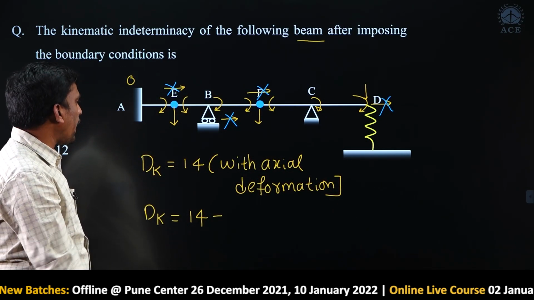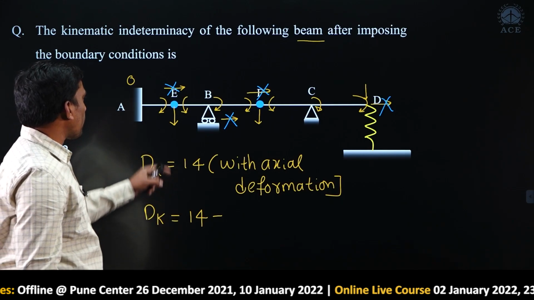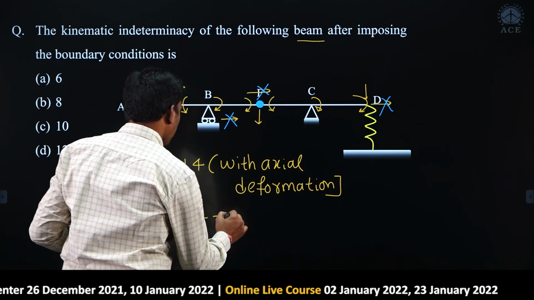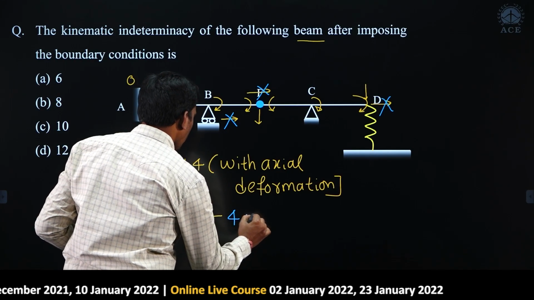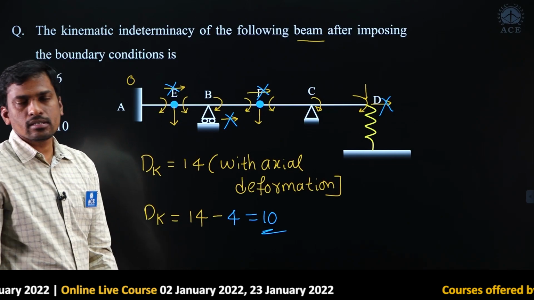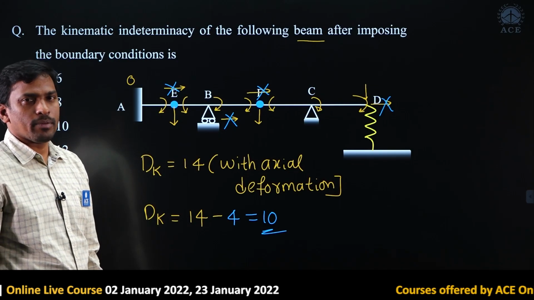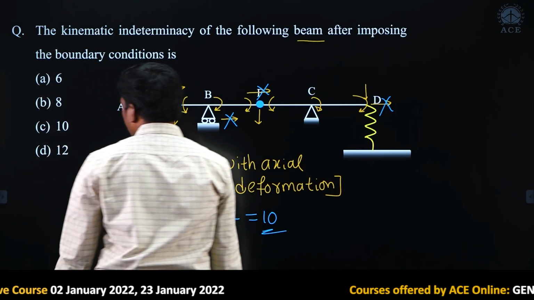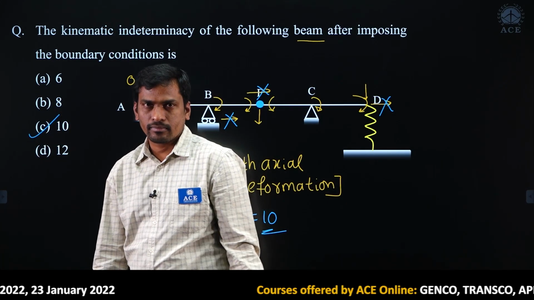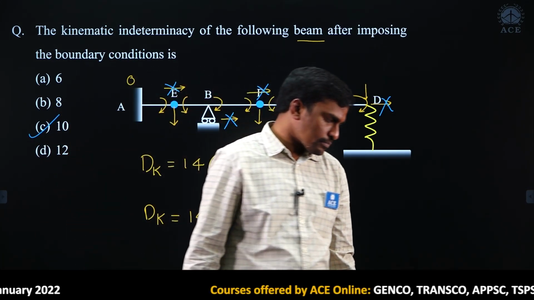So how many axial deformations are we neglecting? 1, 2, 3, 4. Then this is 10. So 10 is without axial deformation. Which option is correct? Option C is correct. Please note it down.